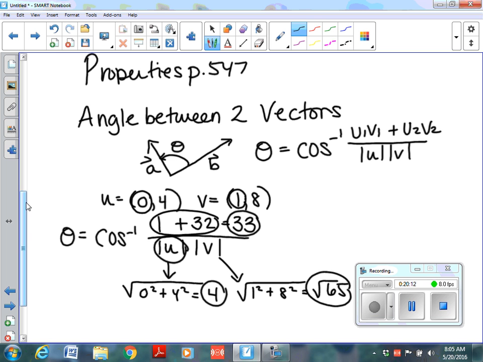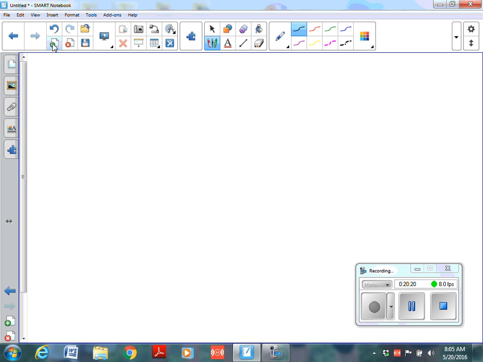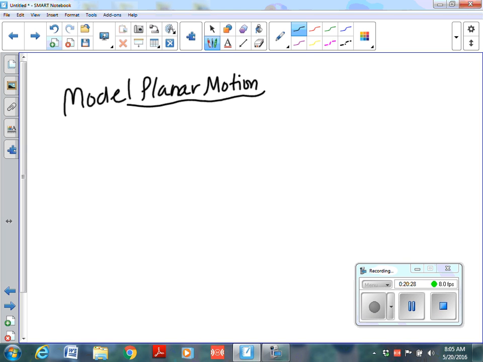Okay, the next thing I'm going to show you is finally how to model planar motion, and then I'm going to get into the calculus part. This still is from 2 years ago. A plane is going due east at 500 miles per hour.